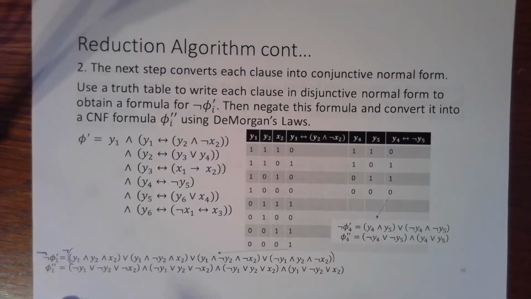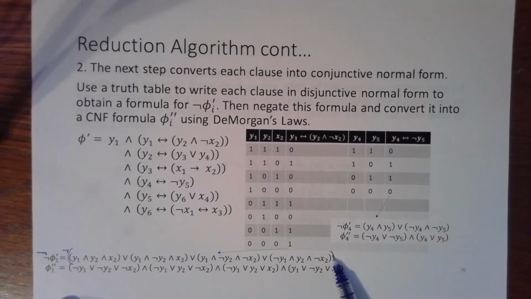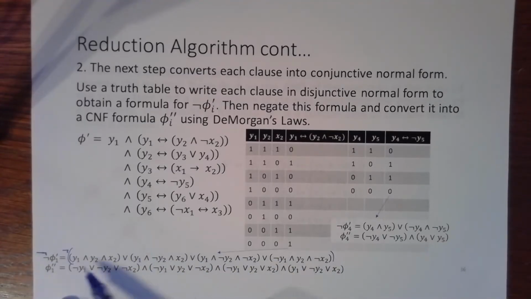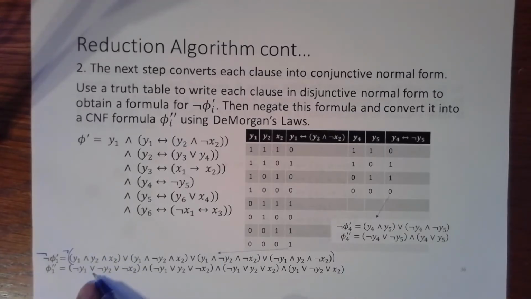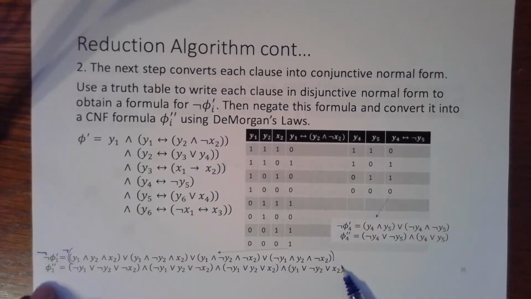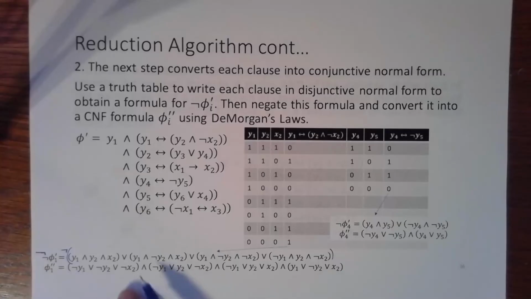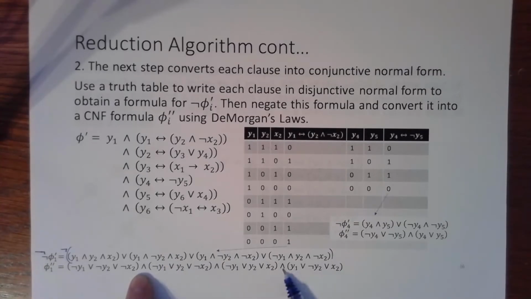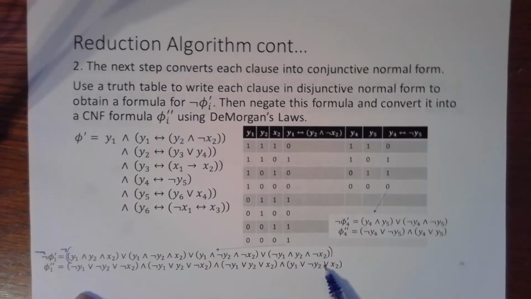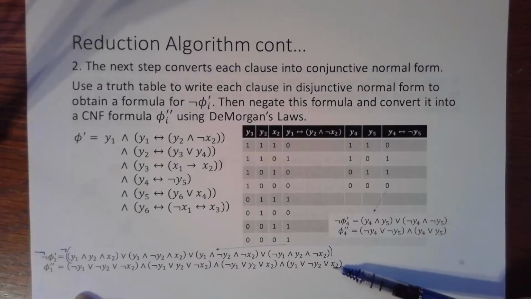So essentially, all of the ands become ors, all of the ors become ands, and we negate each individual literal. So notice all of those literals are negated, all of the ands are turned into ors. So now this right here is in conjunctive normal form because I have a conjunction here of disjunctions. These are all disjunctions, so this is in conjunctive normal form.